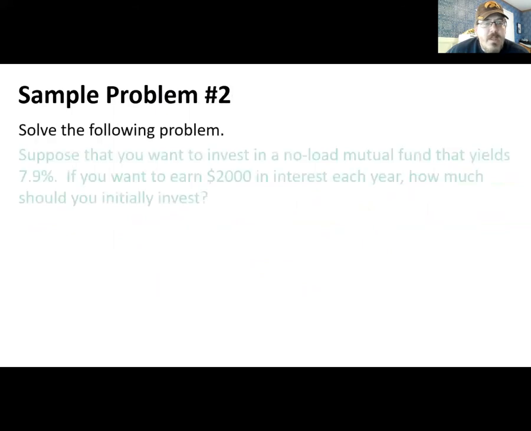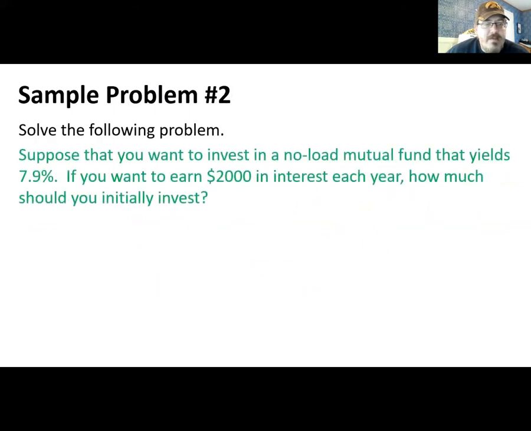All right, let's look at one last problem here. Suppose you want to invest in a no-load mutual fund, so again, no commission, that yields 7.9%. If you want to earn $2,000 in interest each year, how much should you initially invest? Basically, this is just going back to calculating based on your investment and an interest rate of 7.9%. What do you have to start with? What do you have to multiply by to get 2,000?